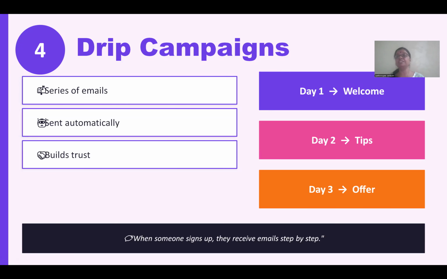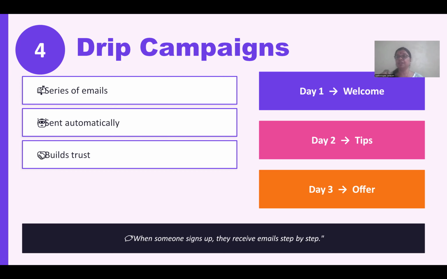The fourth one is drip campaigns. This is a series of emails sent to the customer. Once the customer signs up for your newsletter or whatever it may be, once they give their email ID, first they will get the welcome email. It is a series of emails, also sent automatically. Immediately once they give the email, we should not send a sales email.